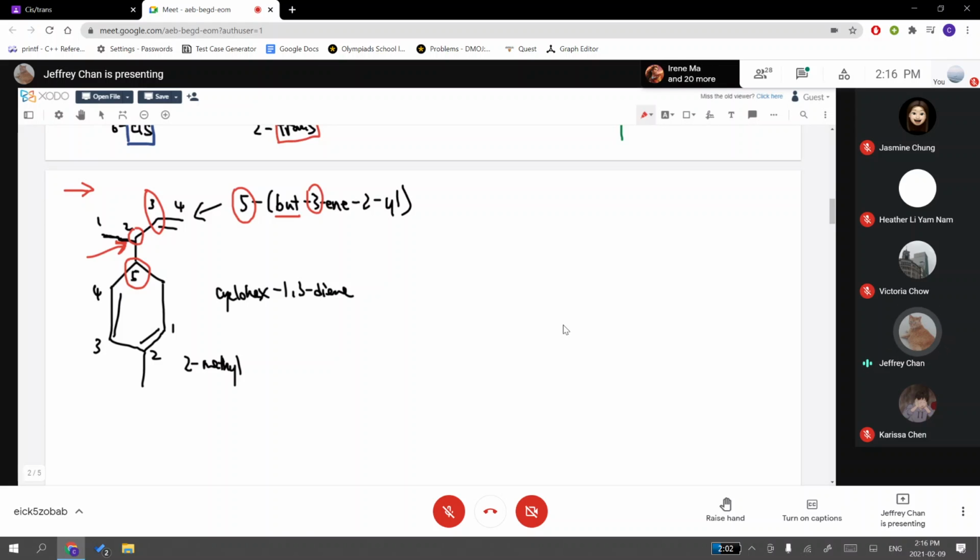So that's why you have to count it this way. All right, good. So that's number 5. It's 2-yl because this is the carbon attached to the parent. There we go.